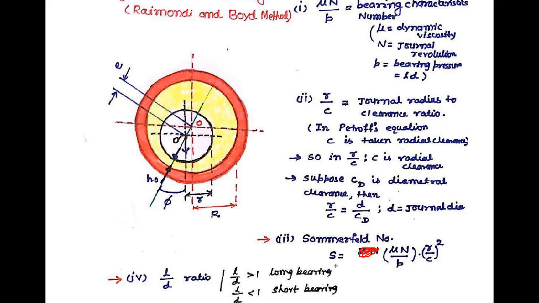S is the Sommerfeld number, S is mu N upon P into r upon C square, and another dimensionless parameter is L by D ratio.